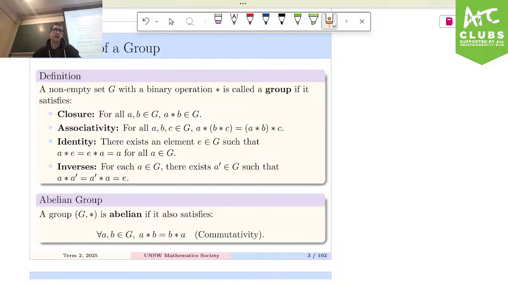The next axiom is associativity. So in terms of associativity, that's something you see very, very often with typical groups, such as the group of real numbers under addition, or real numbers under multiplication, or integers under addition. Associativity for those operations is kind of elementary.